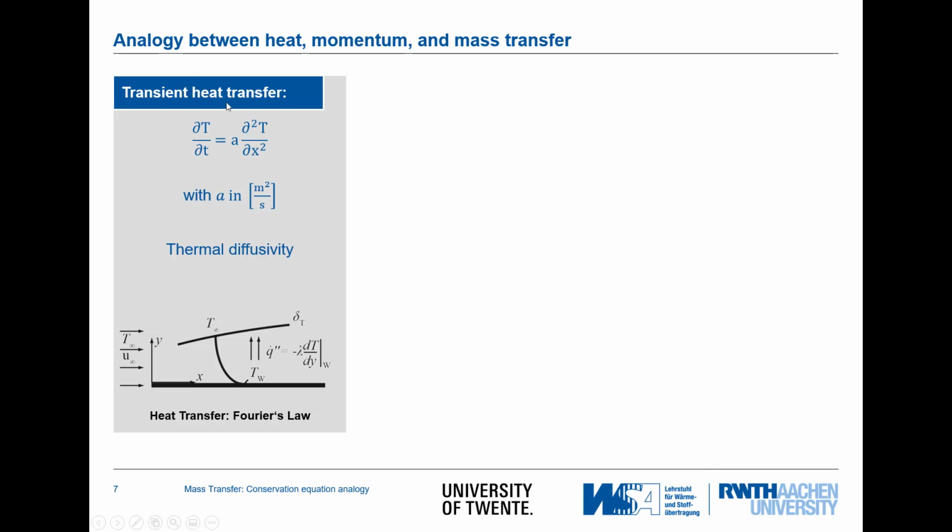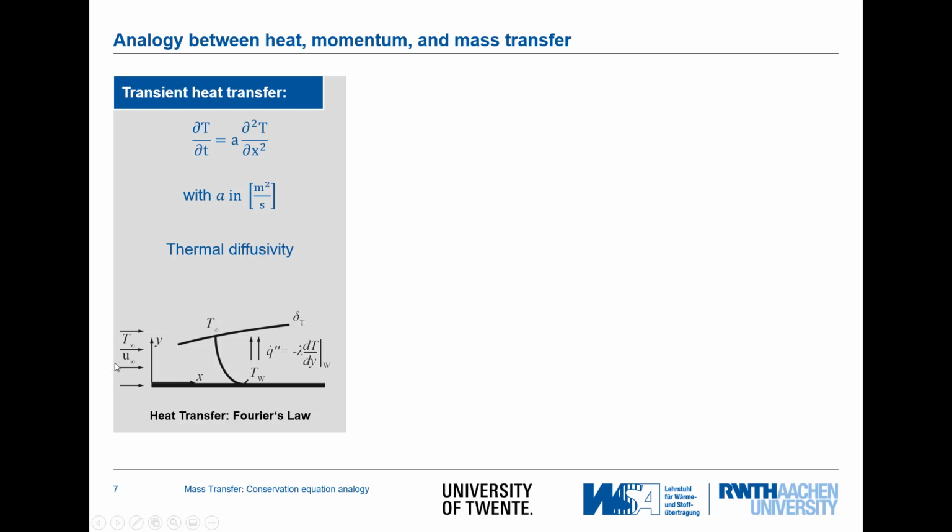We have, as mentioned here, the second derivative with respect to x times the thermal diffusivity is equal to the change of the temperature in time, and we know that the unit of the thermal diffusivity is square meter per second.